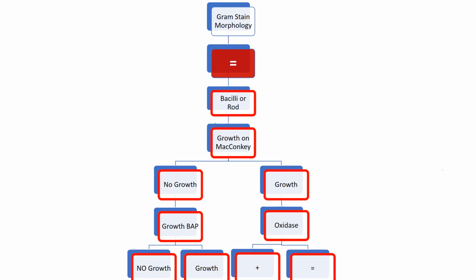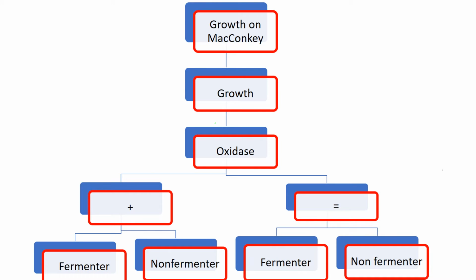So the other function of MacConkey agar is differential. Why is it a differential agar? Because it contains lactose. It differentiates those that ferment lactose from those that do not ferment lactose or do not ferment carbohydrates at all. So let's follow this way of thinking. As I mentioned in the previous slide, MacConkey will show whether the organism is a lactose fermenter or non-lactose fermenter.